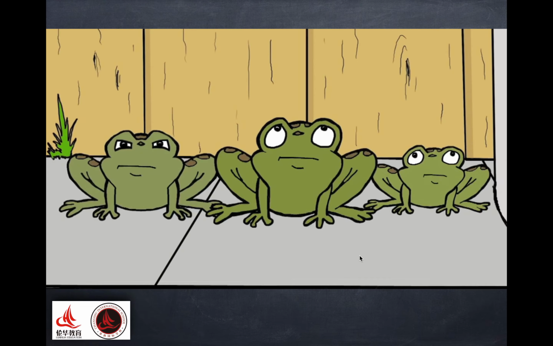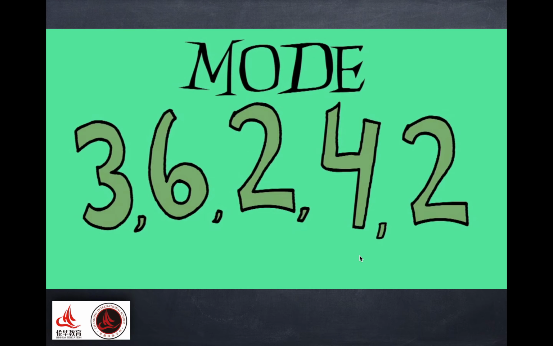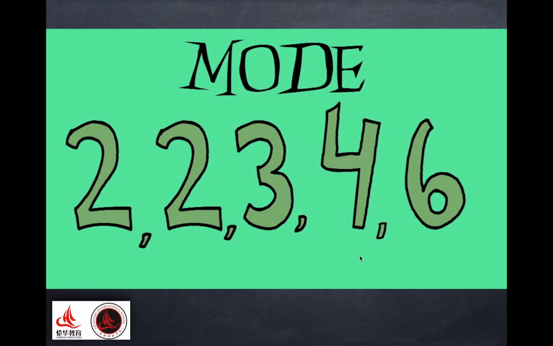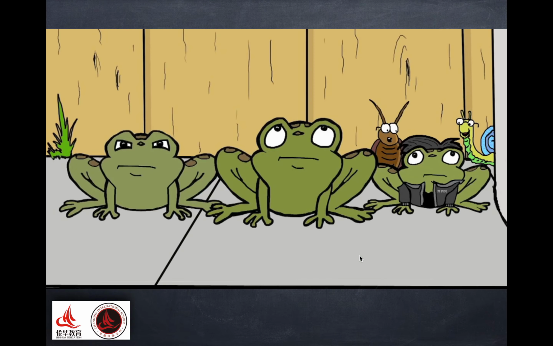Last but not least, it's me, the mode toad. What I do is I find the most common number, the most popular, like me, of course. First, I make up my list from least to greatest. Then, I see if there are any numbers that are the same. The most numbers that are the same are the mode, like me, the most popular.